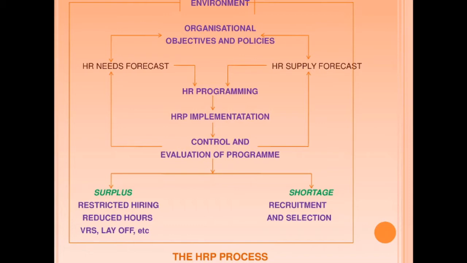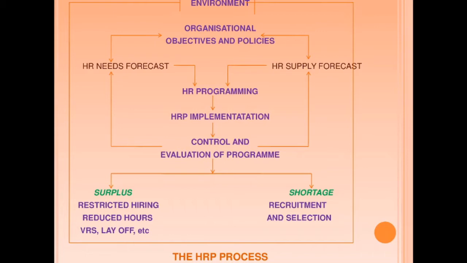In order to develop these objectives, specific policies need to be formulated to provide answers to questions like, are vacancies to be filled from promotions from within or hiring from outside, what union constraints will be encountered, how to downsize the organization, and so forth.